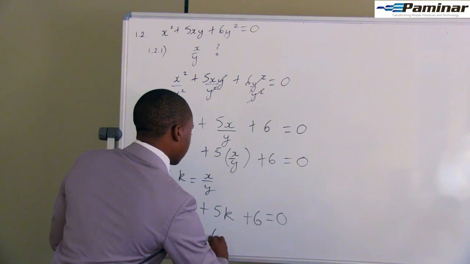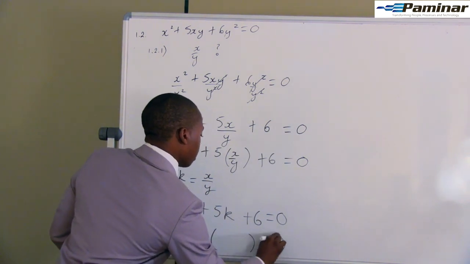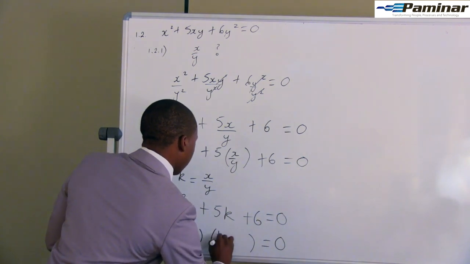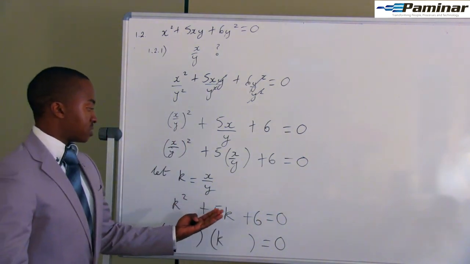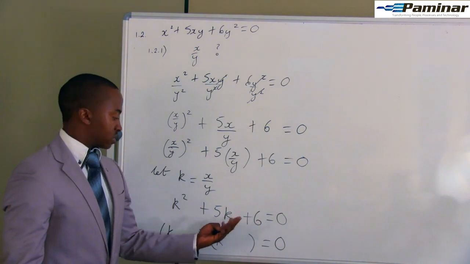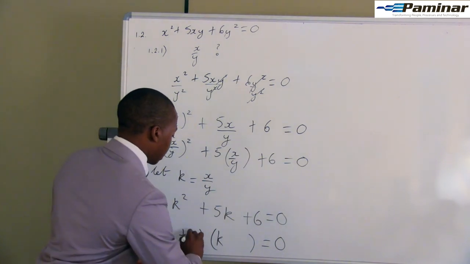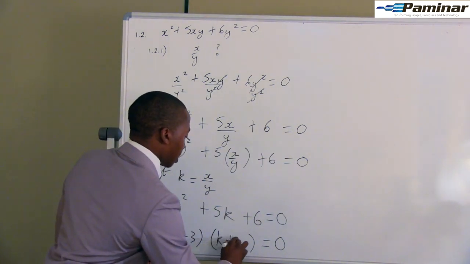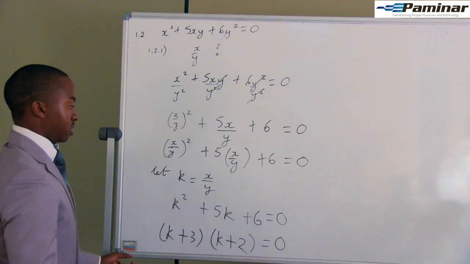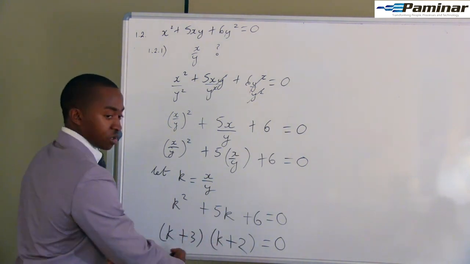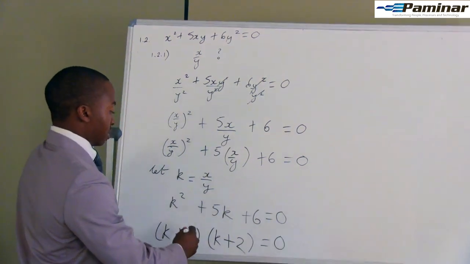So moving on from there, let us solve for this. It will be 2 brackets, k and k, then the two numbers that are multiples of 6 that also add to give 5 are 3 and 2. So it will be k plus 3 and k plus 2. Those are the solutions for k.